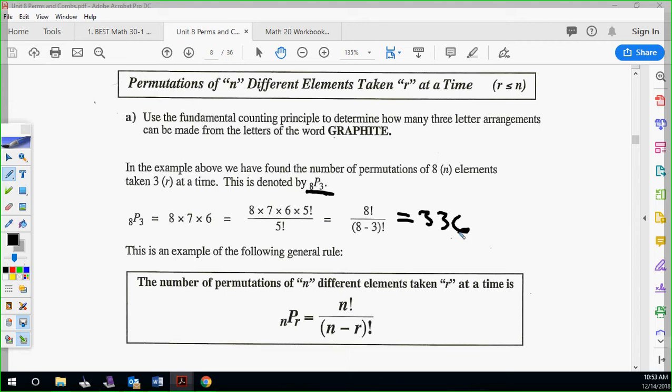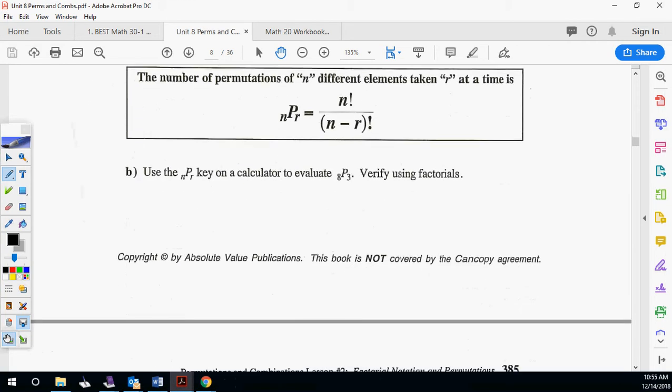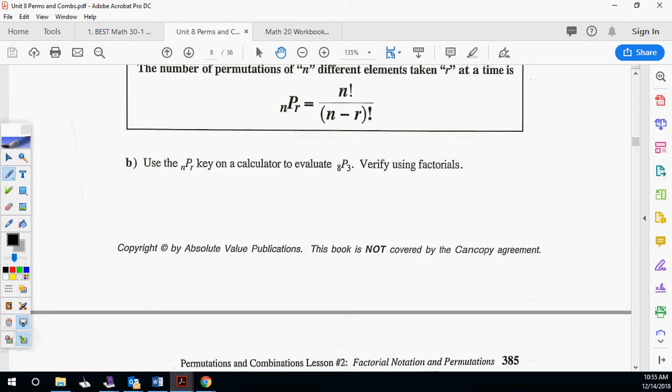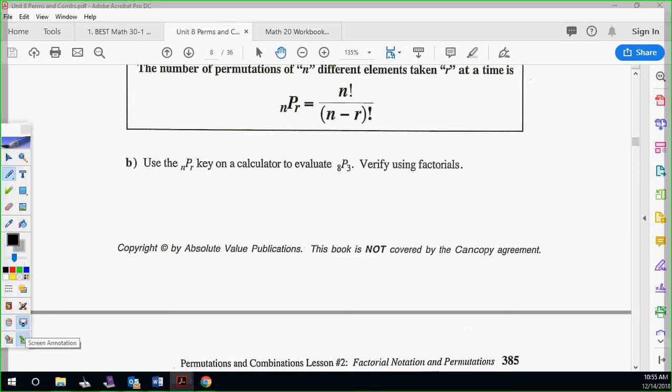Okay, just the bottom here, you're verifying your calculator. Anybody need help finding another calculator? So what you do is just kind of like radicals. You want to type 8 first, then hit that P button, and then type a 3. Okay? Type the 8 first before you hit the permutation button. 8, permutation 3. 336.